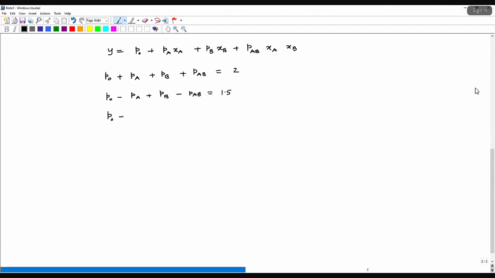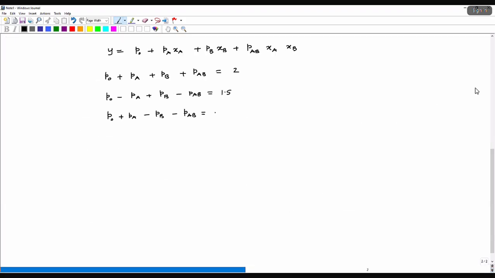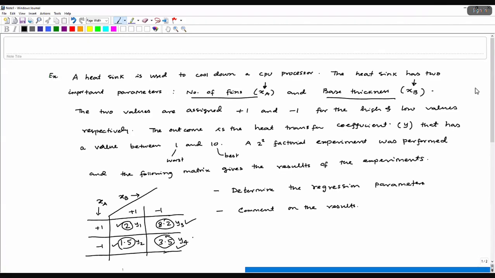Then P naught plus PA, then minus PB minus PAB will be equal to 8.2. And when both are negative, so P naught minus PA minus PB plus PAB equal to 3.5.